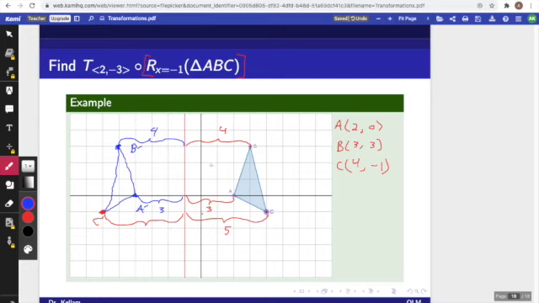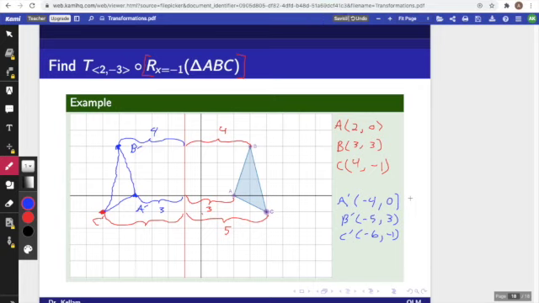We're going to go ahead and get the points labeled for these, and that would be A prime is the point, as we said, (-4, 0). B prime is the point (-5, 3). And then C prime is the point (-6, -1).